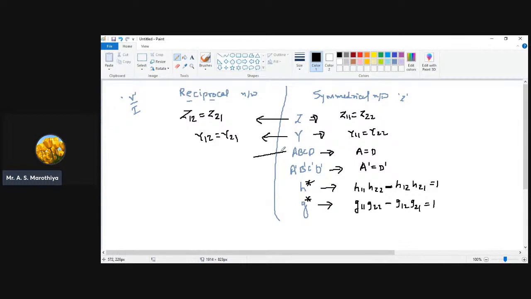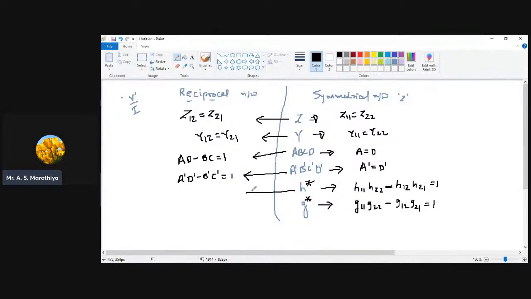And the condition for reciprocity in case of abcd parameter is AD minus BC equals 1. And the condition for reciprocity in case of inverse ABCD is A dash D dash minus B dash C dash equals 1.